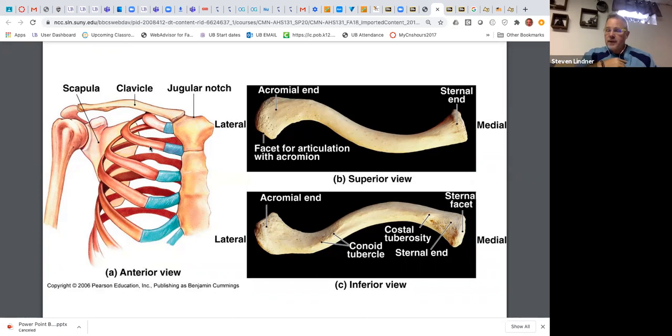Whether you go to the left of that or to the right of that, that landmark is always at the second rib. Well, why is that important to know? As you advance in your education and you become nurses or healthcare providers, you put the bell or the diaphragm of the stethoscope on different parts of the chest, not on a rib, but on the intercostal spaces.